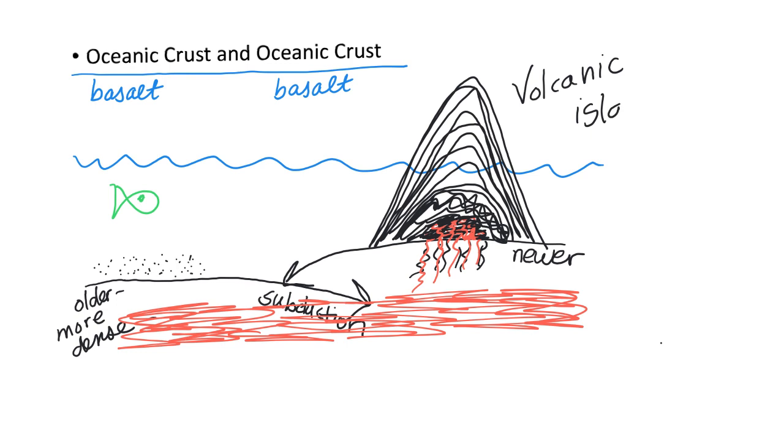And because there's a whole bunch of them that are made along the plate boundary, we call it a volcanic island arc, because they kind of make a little arc shape like that. And so the best examples of this are the islands of Japan and then the Aleutian Islands up in Alaska.